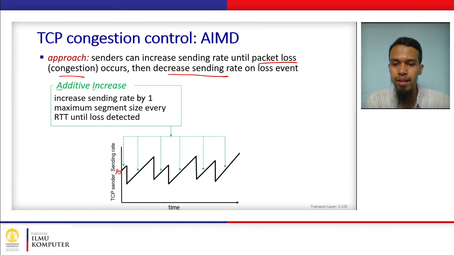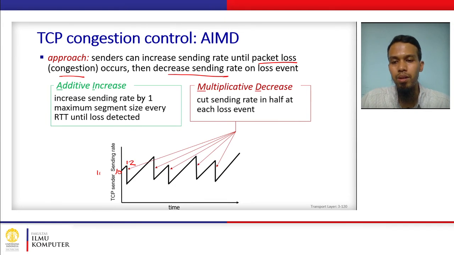Then in the next step, it sends 11 and then 12, and when it sends 12 segments, it detects there is a packet loss. So then it decreases the congestion window, or the sending rate, to half. Then it sends the next transmission starting from 6, then 7, 8, 9, 10, let's say until 16.